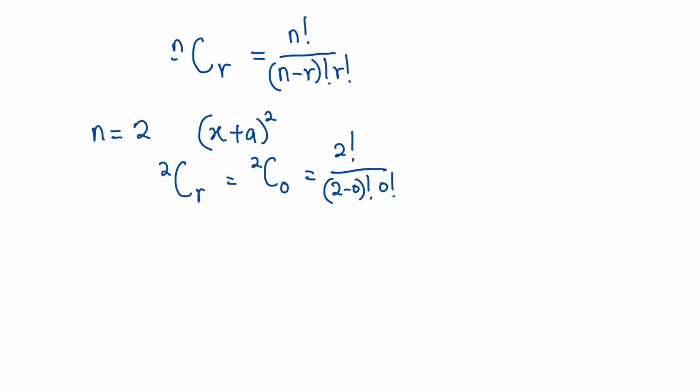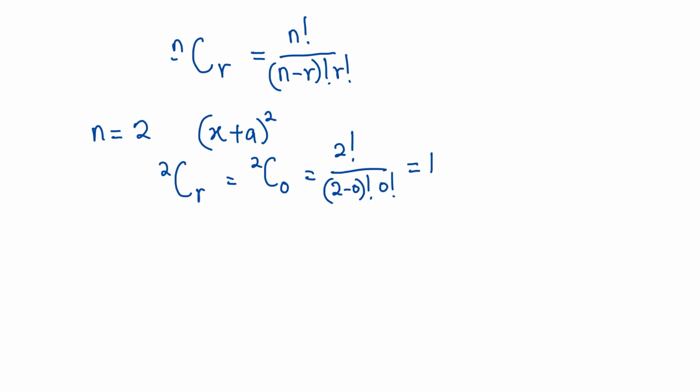So every time we see 0 factorial, we can easily ignore it. Since we have 2 factorial divided by 2 factorial, our answer is 1. So that's how we get that our first coefficient is 1.